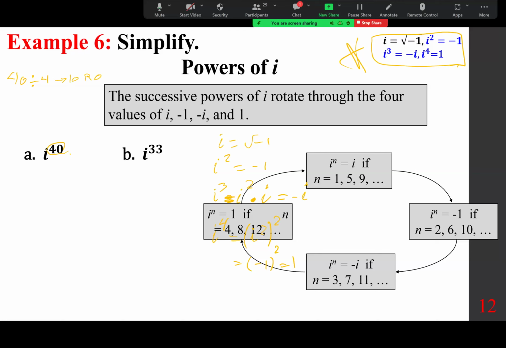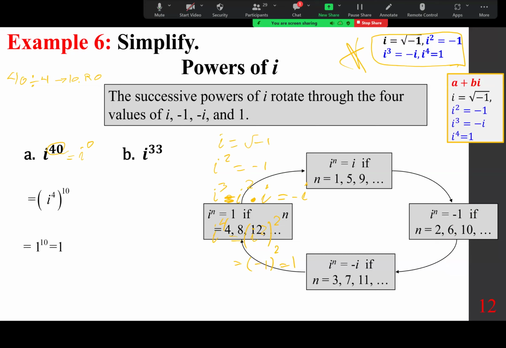So that is the same as i to the power of 0, because i to the power of 4 is 1. i to the power of 40 or 400 or 4,000 or any number divisible by 4 is 1. So you can write this as i to the power of 4 to the power of 10, 1 to the power of 10, or 1. But like I said, this is the fastest way.